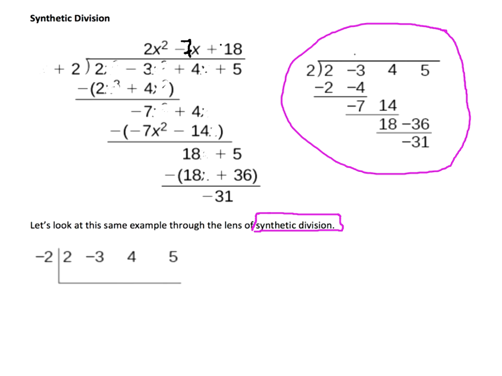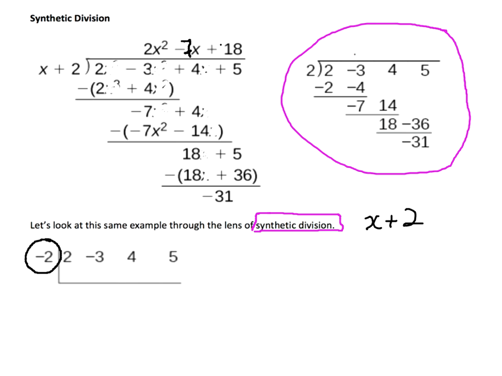a few more examples. So my first step, and notice I just have the coefficients of my dividend on the inside of my house. And notice this is a negative 2 on the outside. That's because it came from a factor of x plus 2. Let me show you.